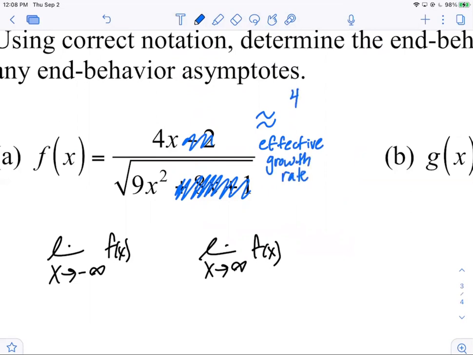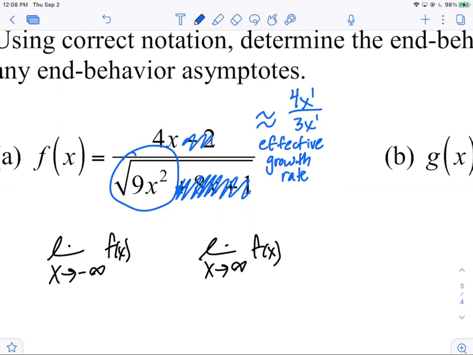It's going to be a 4x to the first over, what is the square root of 9x squared? 3x to the first, right? The bottom is effectively growing like a 3x to the first. Not in actuality, but effectively.